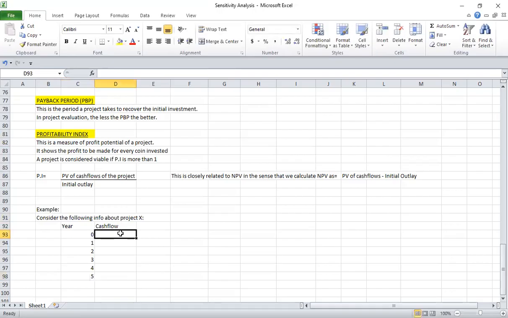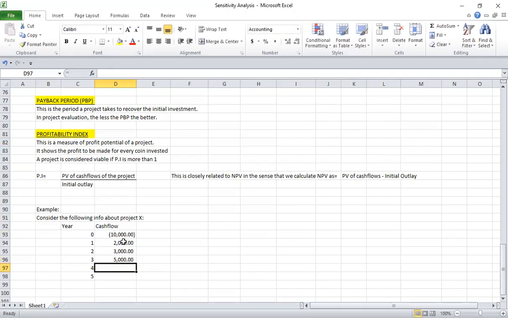Let me have cash flows like 10,000 shillings, the first one, followed by 2,000 shillings year one, 3,000 shillings year two, 5,000 shillings year three.